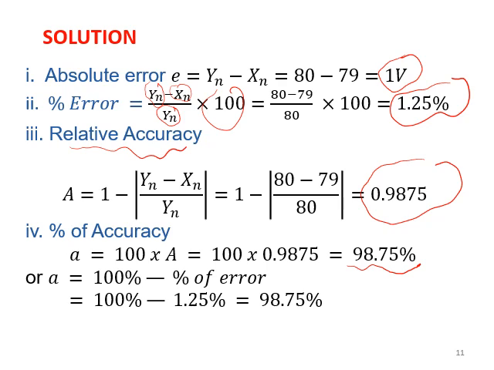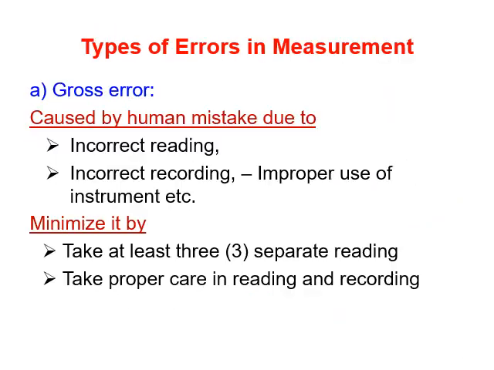The other way to get the accuracy: remember that the error here was 1.25%. 100% minus 1.25% will give us the same value. That's the other way of calculating the percentage of accuracy.